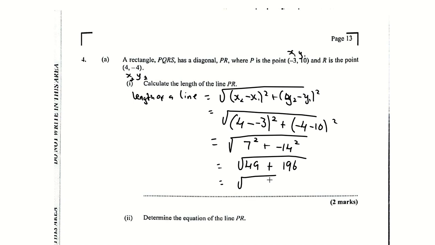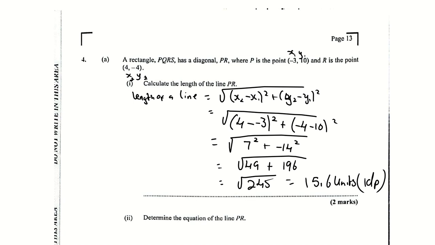You use a calculator: 49 plus 196 is 245. The square root of 245 is 15.6 units to 1 decimal place.